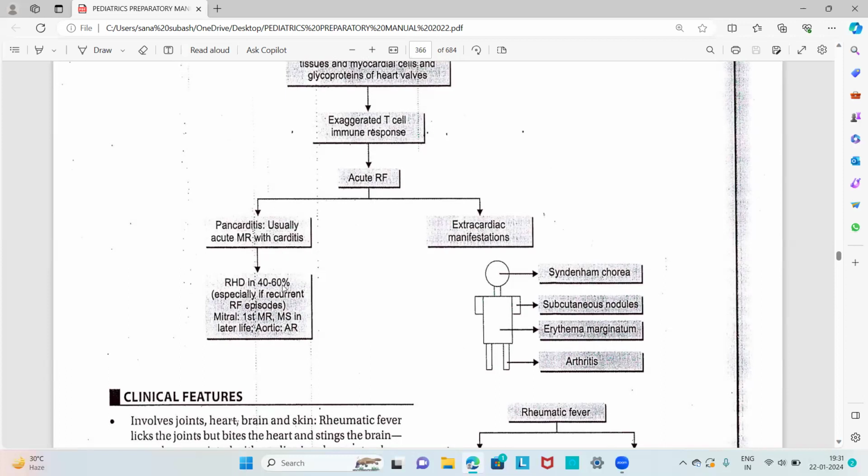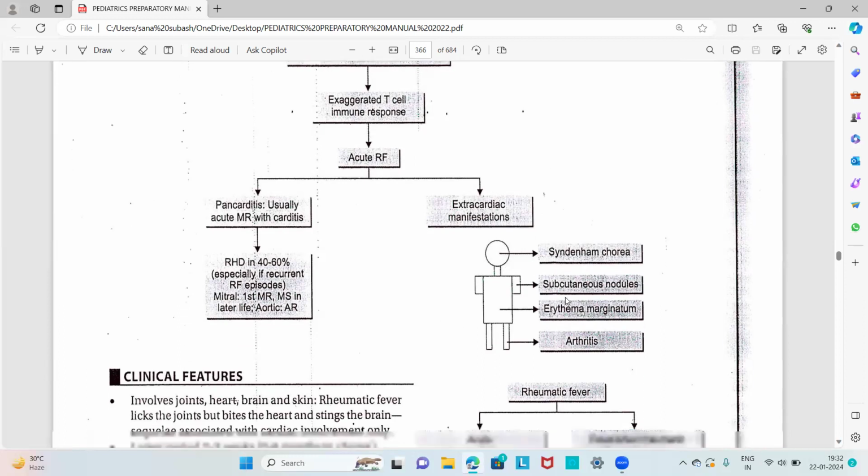Acute rheumatic fever also has extra cardiac manifestations like Sydenham's chorea, that is, unpurposeful movement, then subcutaneous nodules, erythema marginatum and arthritis.